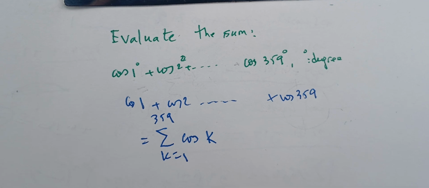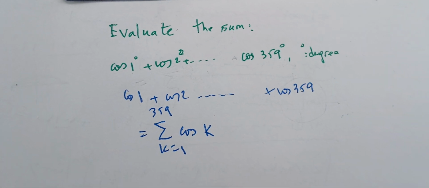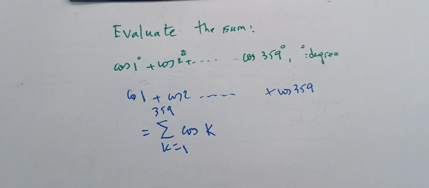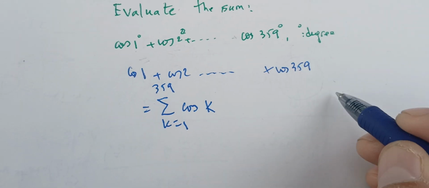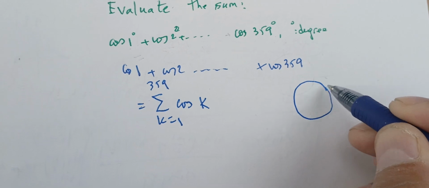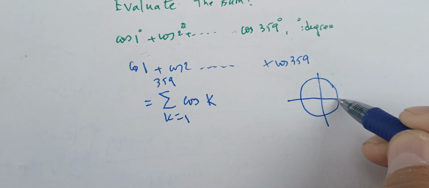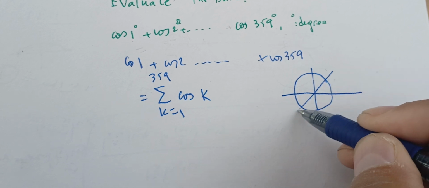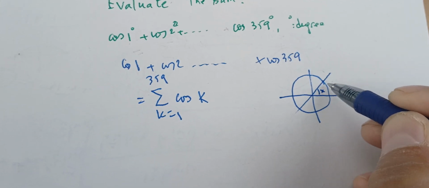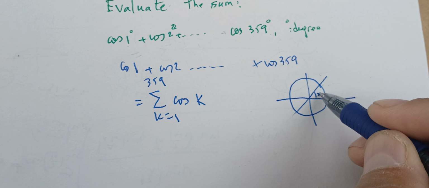There is a quick way to evaluate this, which is based on the unit circle. Given an angle that we measure in degrees, this is my angle x.